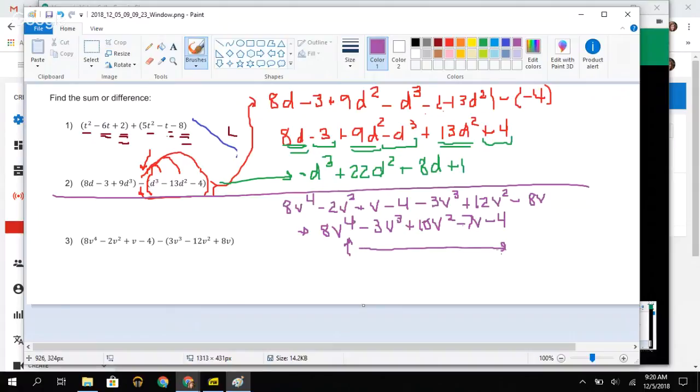Technically, if you wrote them in a jumbled up order, they would be correct, but it's not really the proper way. So, for example, this right here would not have been written properly, whereas this would have been. It doesn't take any effort, and in fact, it's probably easier to go from the biggest exponent to the smallest. It's just good math practice.